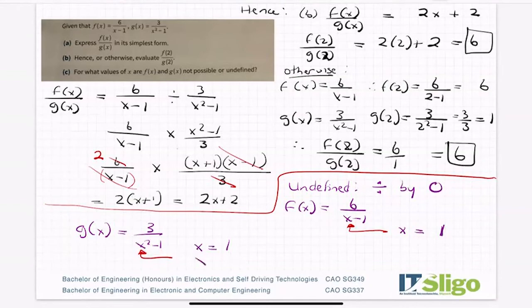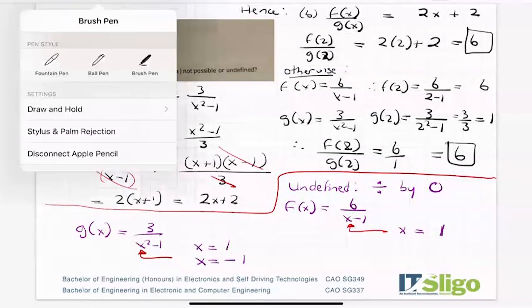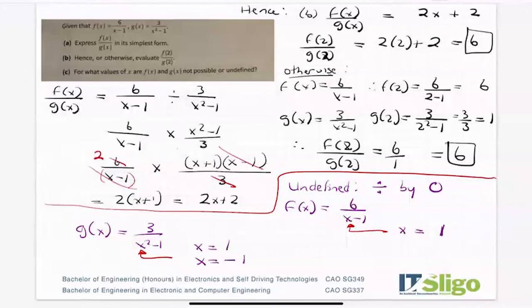Now the kicker here is that x could be also equal to minus 1, because you've got to know that minus 1 squared, that minus becomes a plus, so you also get 1. Okay, so there's two values for g of x that it's undefined, and one value for f of x.